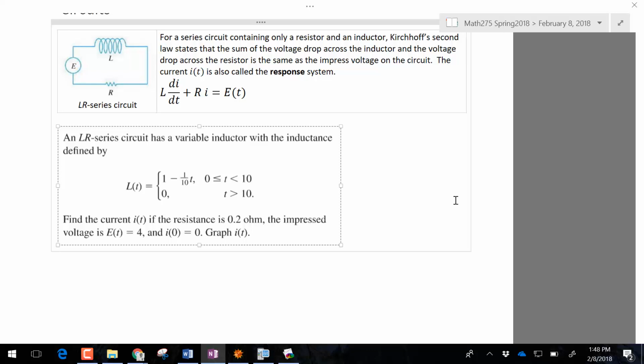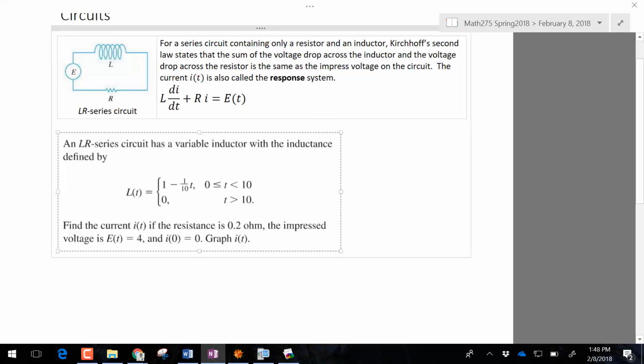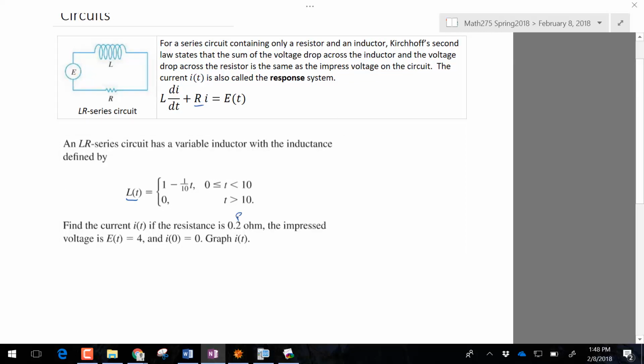Is that right? For all you circuits people. So we have L, we have R, and we have our E. I want us to find the current I.